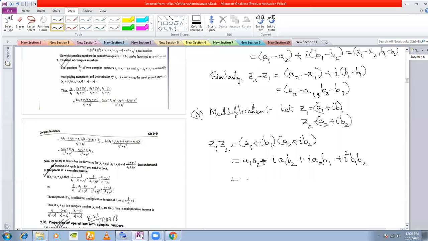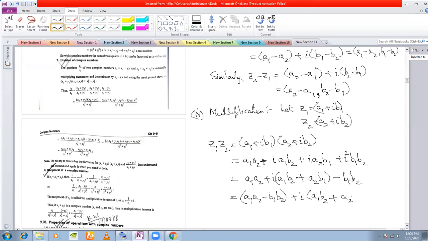So you get here a1 a2 plus i a1 b2, or you can take the i's together. I take i common between the two, plus a2 b1, and i square is minus 1, so this becomes minus b1 b2. Now you take the real parts together, a1 a2 minus b1 b2 plus i times a1 b2 plus a2 b1.